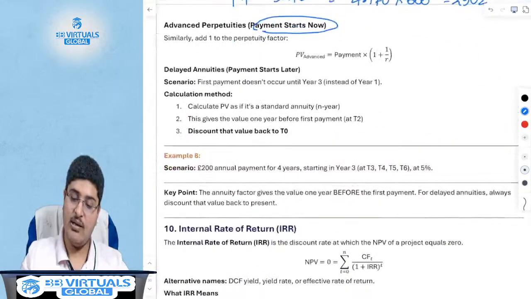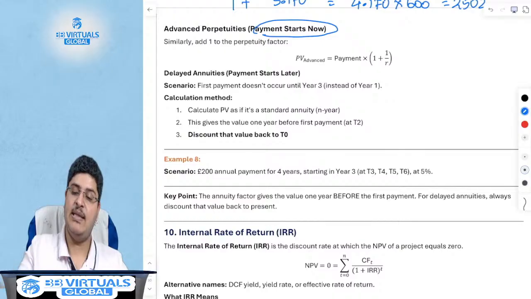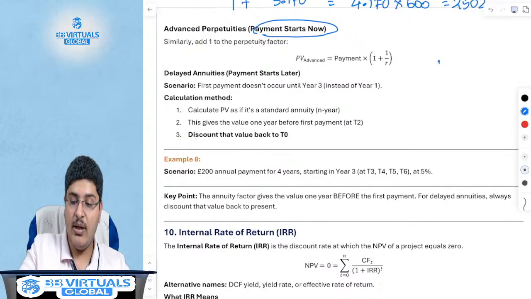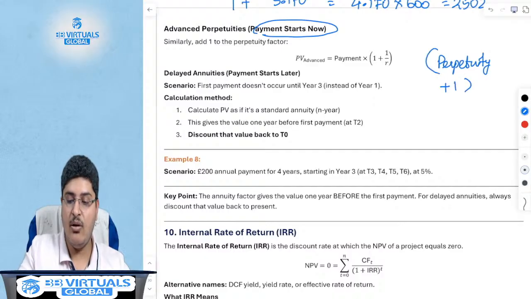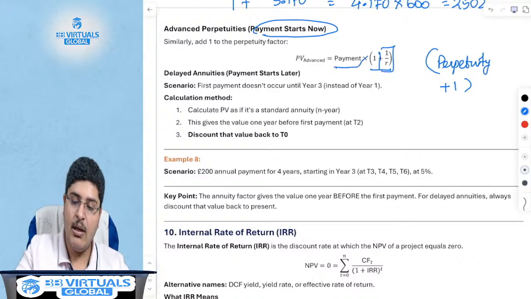But what if you start receiving the rent on day 1? What happens then? Then the same thing, which is you will calculate perpetuity as you would have. But you will simply add 1 to the perpetuity factor, which is 1 plus, this is the perpetuity factor if you remember, and you will multiply the payment.